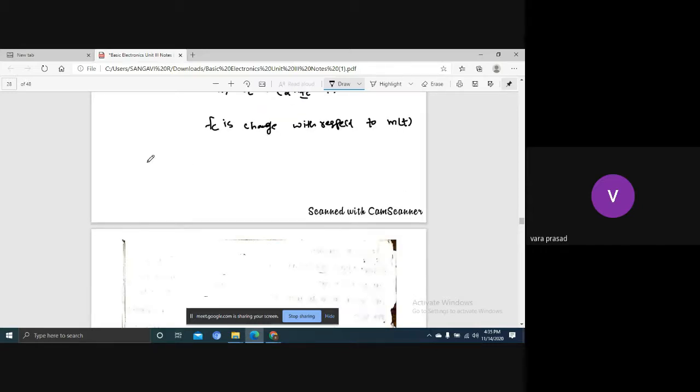Therefore, in frequency modulation, I can write theta of t is equal to 2 pi fc into t plus 2 pi kf into the integration from 0 to t of m of t dt.